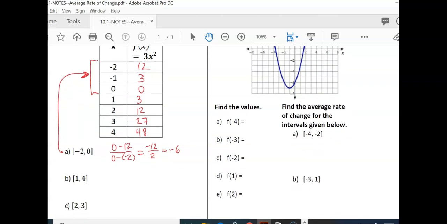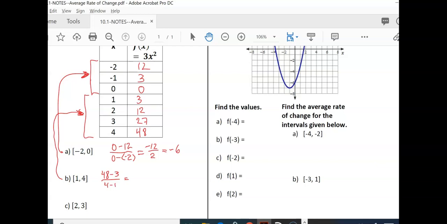From 1 to 4. And so that interval right here takes us from 48 minus 3 and 4 minus 1.